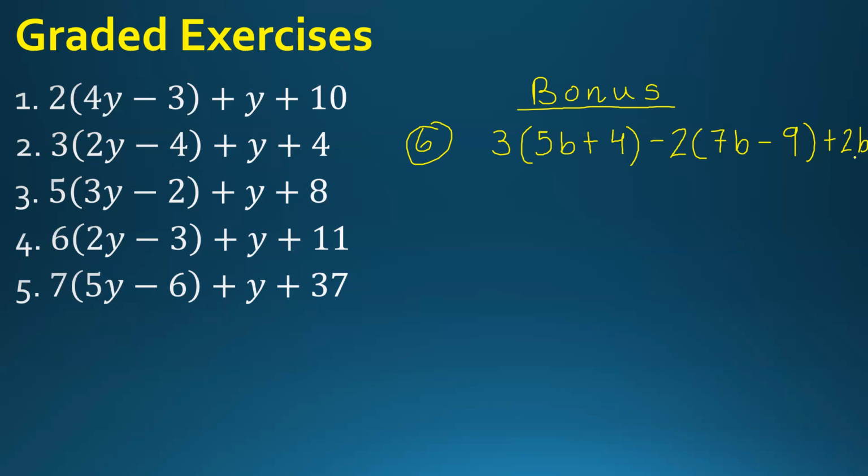Mr. Petit, one more question. There's a negative 2, that's a Z. Which one? For number 6? Yes, sir, on the bonus question. That's 3(5b) + 4 - 2(7b - 9) + 2b. Okay, thank you.